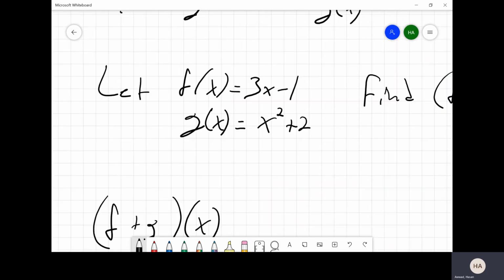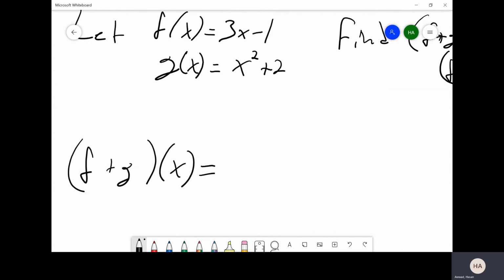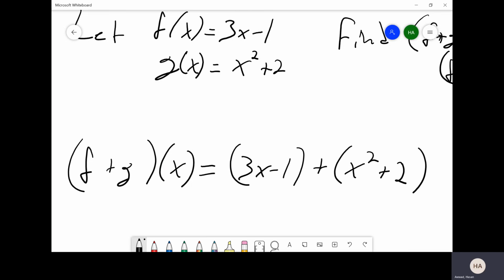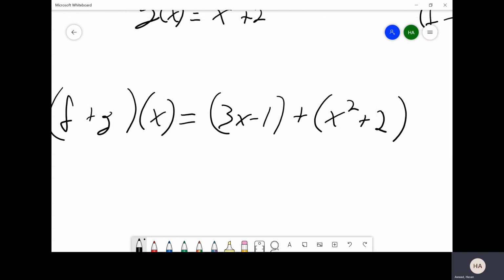If we have f of x being 3x minus 1 and g of x being x squared plus 2, this is as if we're taking 3x minus 1 and adding it to x squared plus 2. Now all you have to do is combine like terms. We can drop those parentheses, so we just have 3x minus 1 plus x squared plus 2, and we add like terms.